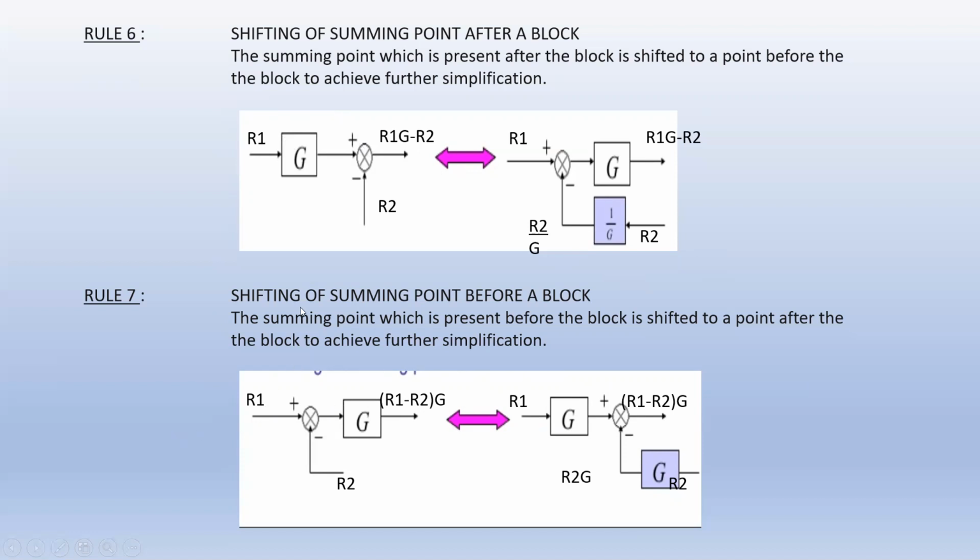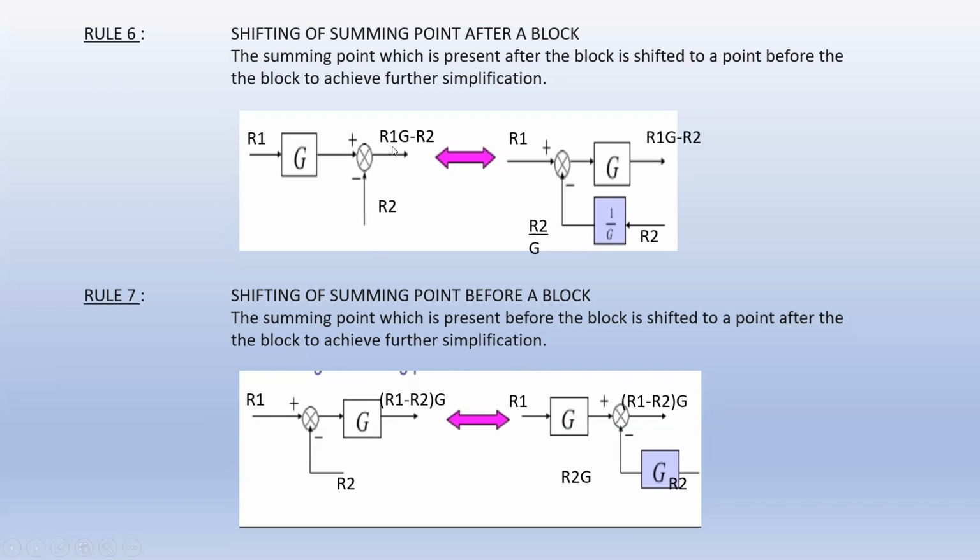And next, shifting of a summing point before a block. If we have a summing point before a block, we need to shift this summing point after the block so as to achieve a simplified calculation. The main point here is that in shifting the summing point, the output shouldn't be changed.